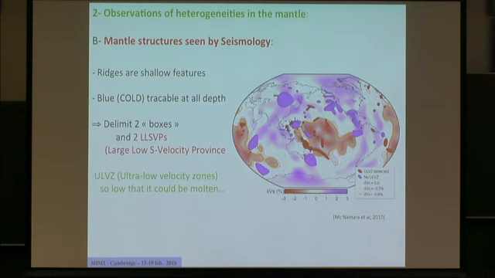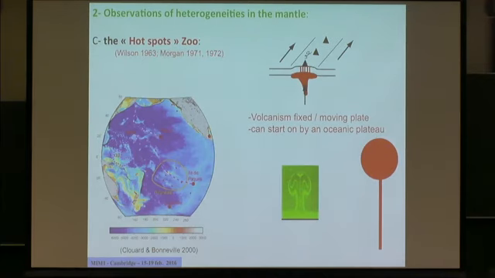So we have two big provinces, and there are chemical heterogeneities in them. And at the bottom of the mantle, we may even have some pockets of partial melt.